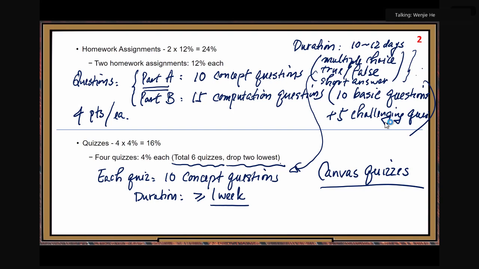So each quiz is 4%. 4 times 4, 16%. 4 quizzes, but drop the 2 lowest. So if for any reason you cannot do well on 1 or 2, it's not a big problem. It drops automatically.